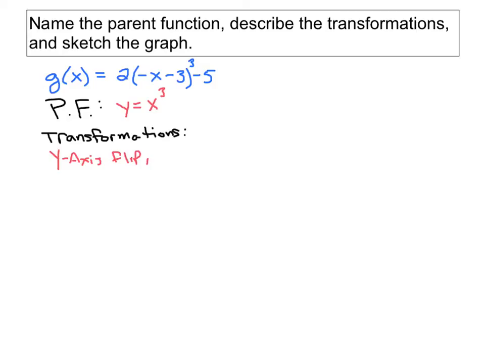Do we have any translations? So we're going to left, right, up, down. If we're subtracting on the inside, that's to the right 3. We're subtracting on the outside 2, right here, so that's down 5.